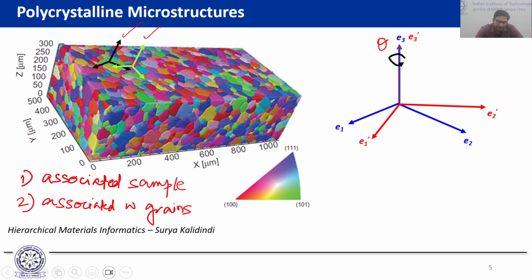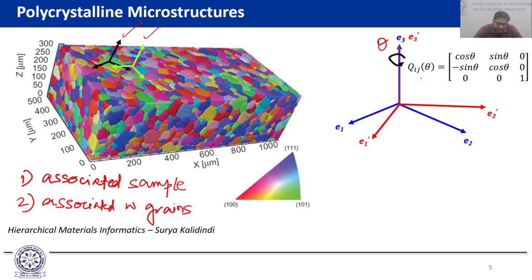You can understand that the E3 unit vector is pointing in the same direction for the grain as well as the sample. So if I rotate one of the frames of reference by an angle theta, I can generate the second frame of reference. What really happens when I'm rotating it? This rotation can be described by using a rotation matrix, which is given by this.